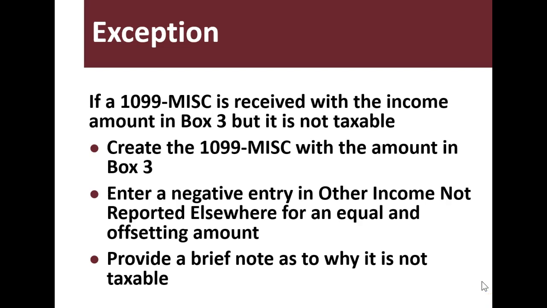You go through the same procedures we did to create the 1099 miscellaneous with an amount in box 3. And what you do then is make a second entry. You go into other income not reported elsewhere and put in a negative amount in this case.